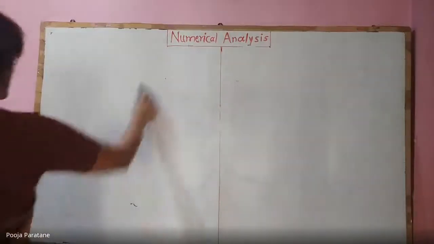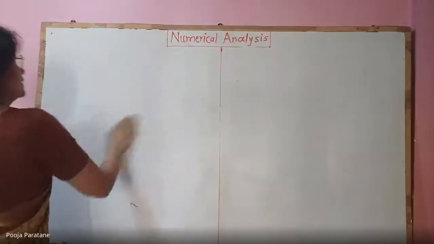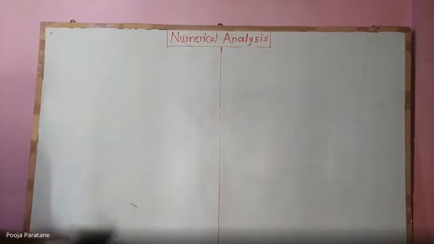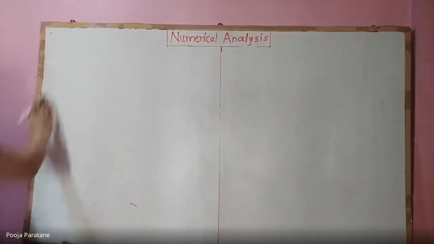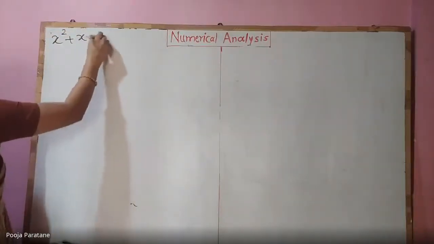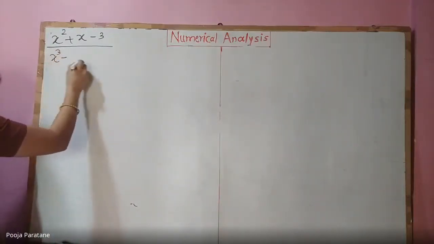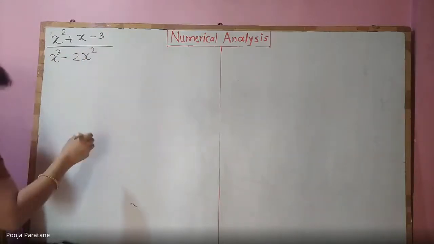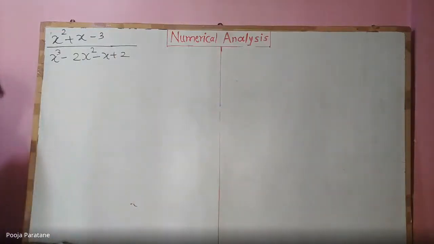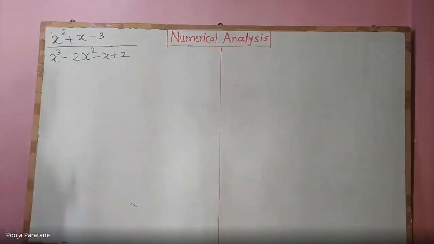Using Lagrange's interpolation formula, express this transfer function x square plus x minus 3 upon x cube minus 2x square minus x plus 2 in partial fractions.